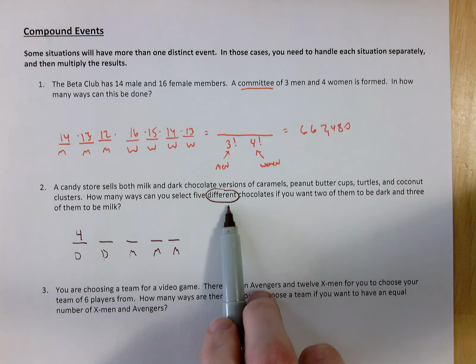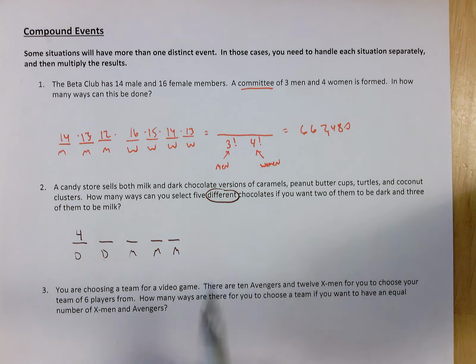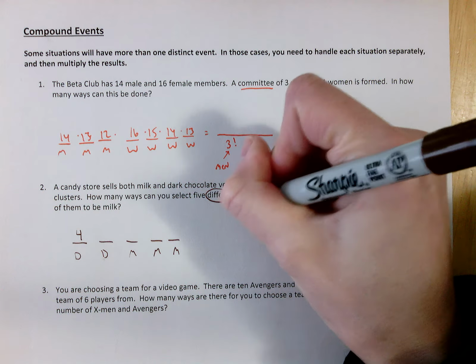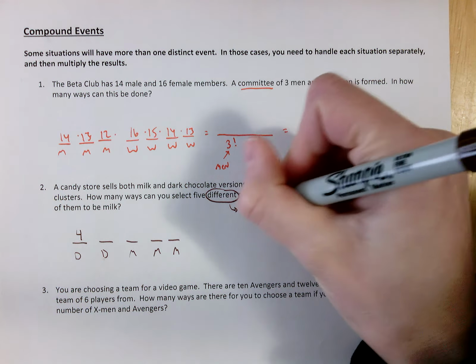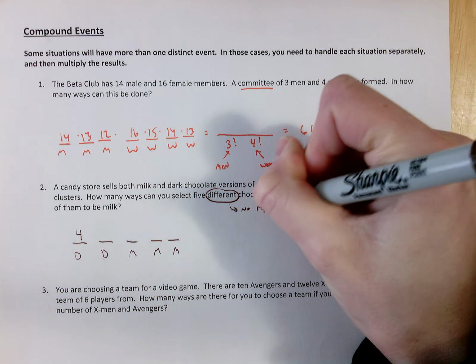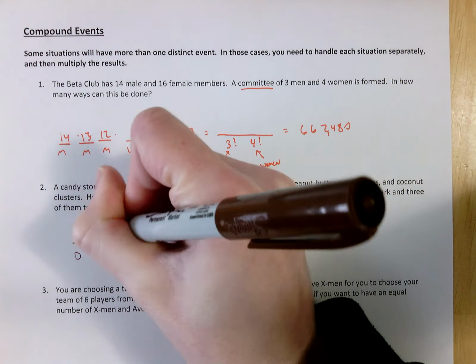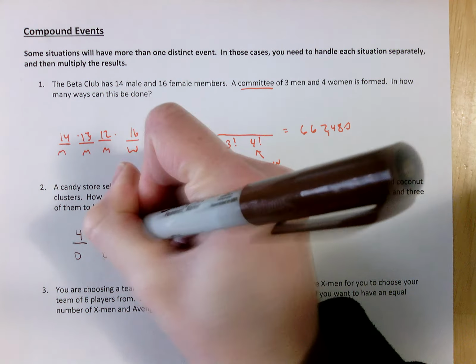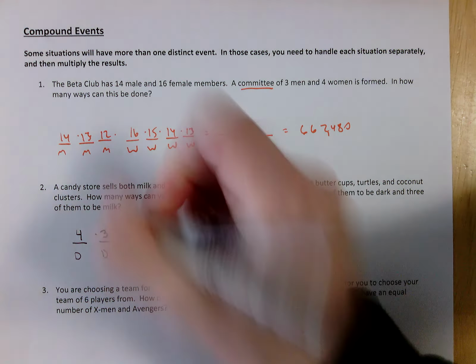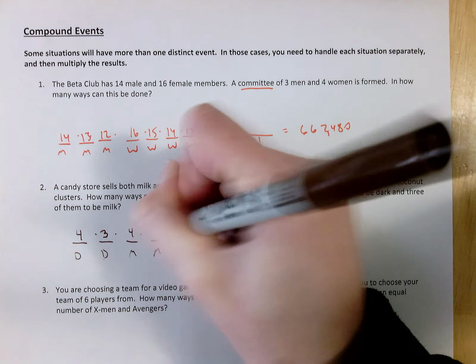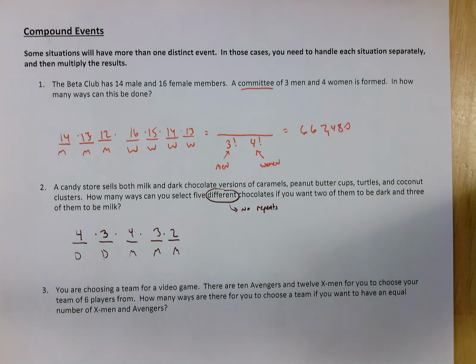But because we've said we want different ones, that is the thing that indicates that there are no repeats. So that's how we know we can use a combination here. So I'm only going to have 3 options left for a dark chocolate if I want it to be different. Then for the milk chocolates, I'll have 4 options, 3 options, 2 options.